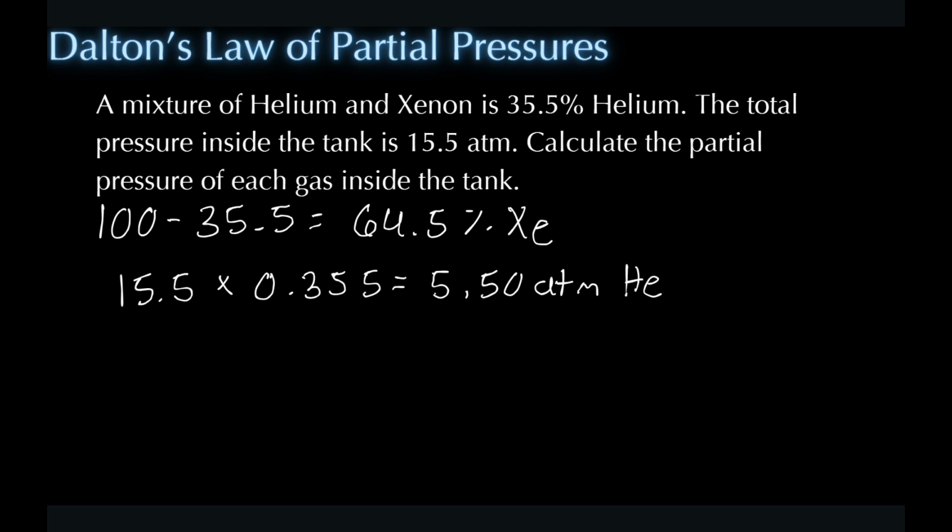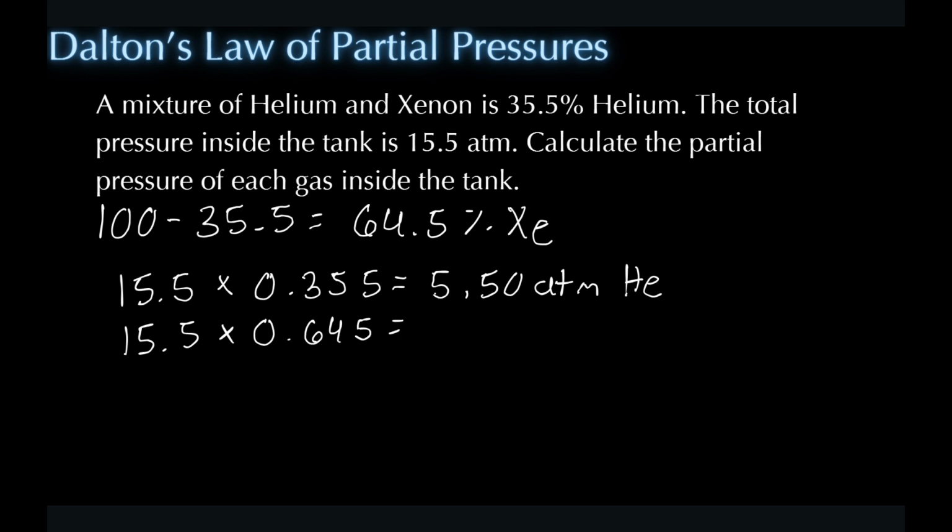Now from here, you could also just go ahead and subtract that from the total in order to get the partial of the xenon, or because we already found the percentage of the xenon, do the 15.5 times our 0.645.